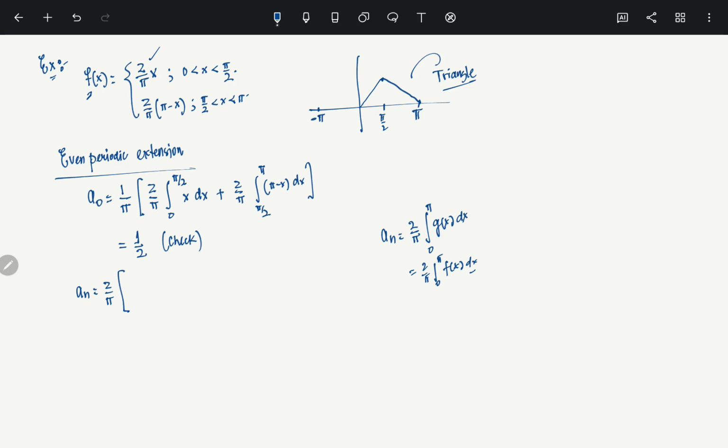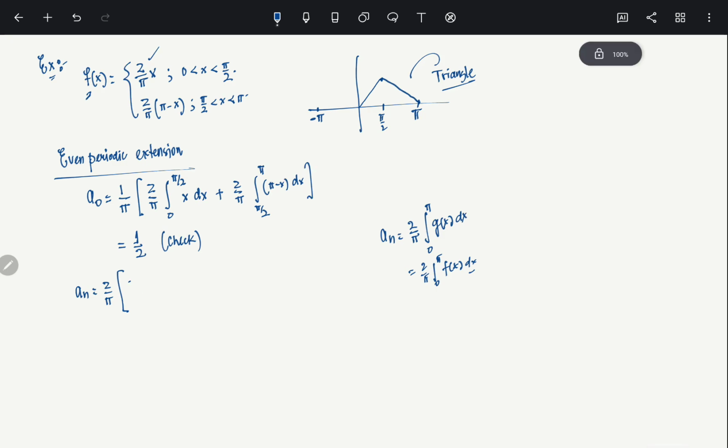Okay, so now we write it like this: 2 by pi, integral 0 to pi by 2, f of x is x dx.